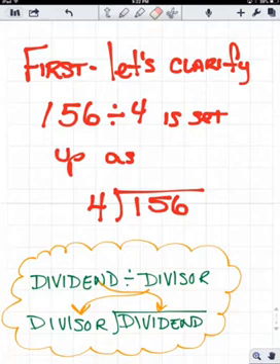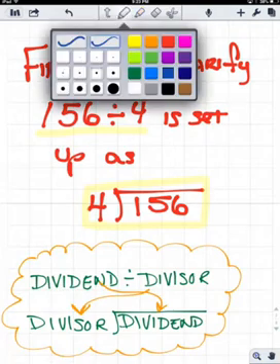Okay, so that's the big thing, because if you're given an expression or if you're working on a problem and you know that you need to divide one number by the other, when you go from your written expression here, the 156 divided by 4, well, the actual division problem is set up this way. The 156 is on the inside, your dividend is on the inside, and the 4, your divisor, is on the outside. So that's the one thing I wanted to clear up before we started.